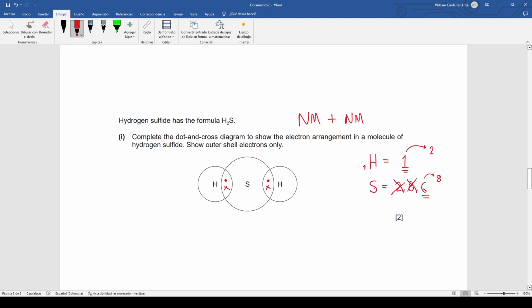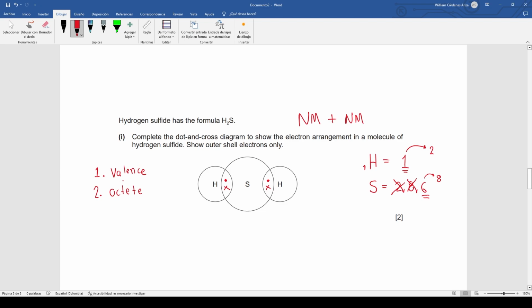So we have to check 2 things. The first thing is that all the elements have the valence complete, and that they have the octet complete.